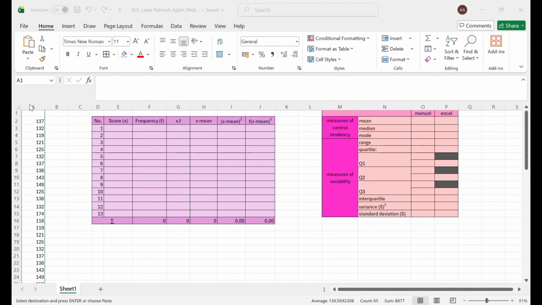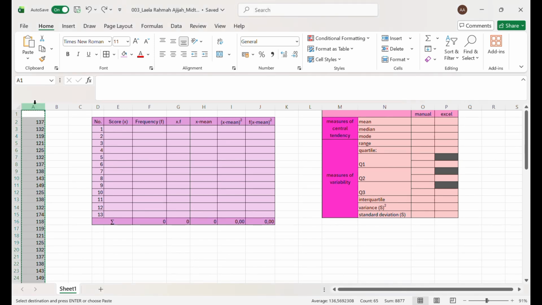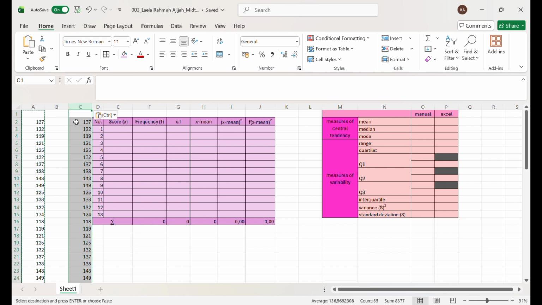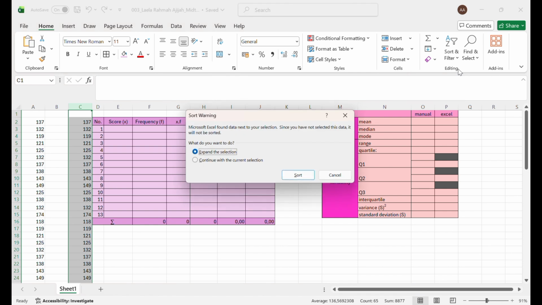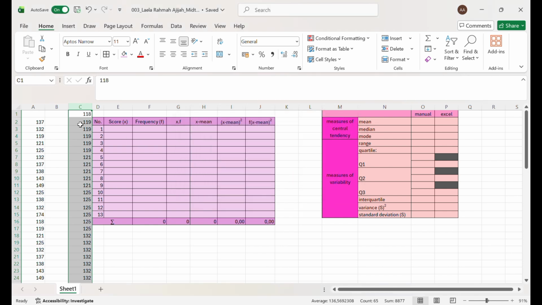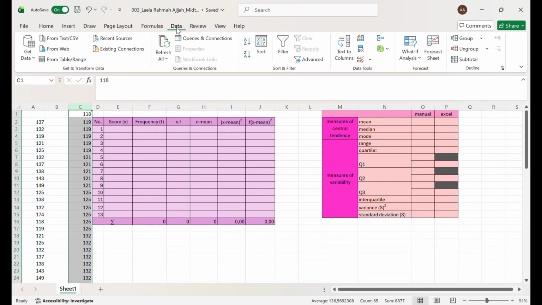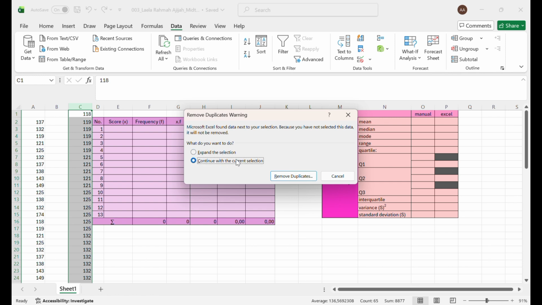Alright, so here we have the data. The first thing you need to do is copy the data and move it to here. After that, go to Sort and Filter and choose sort smallest to largest, then go to Data and find Remove Duplicates, and that's it.